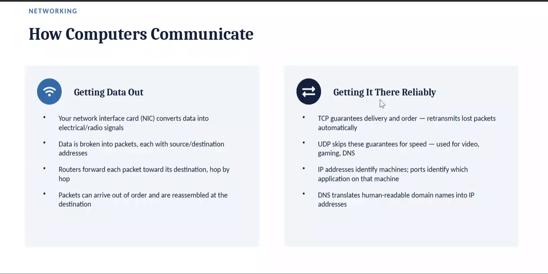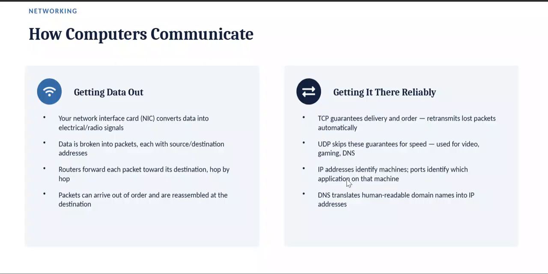Now there is also a network layer called the IP address, which identifies the machine. Now the ports identify which application on that machine. For example, when you hear IP, it is the address of your machine. Every machine using the internet has an IP address. So that IP address is like the house address of your machine, right?